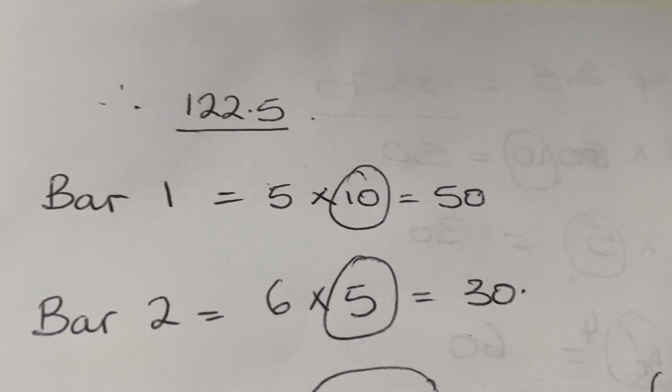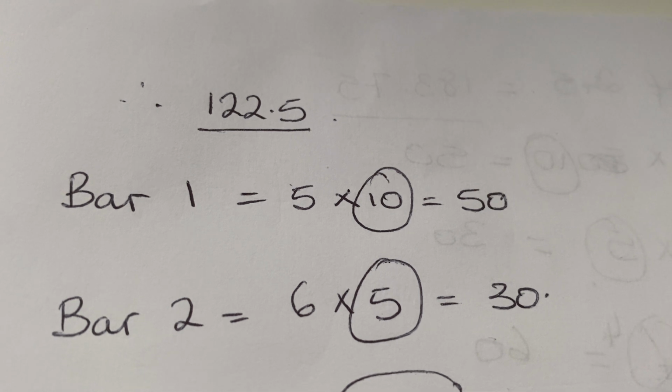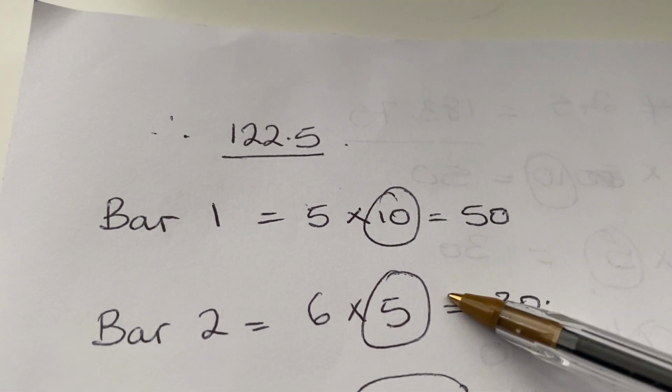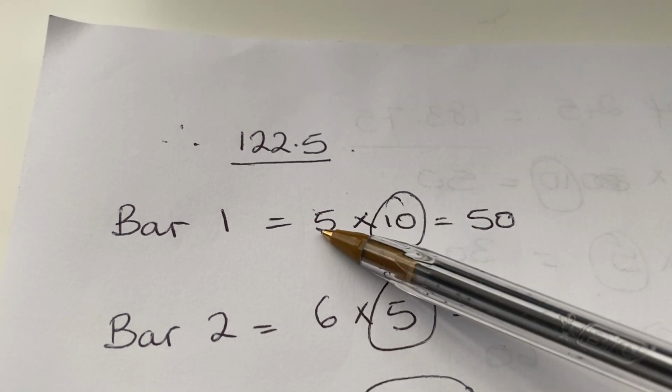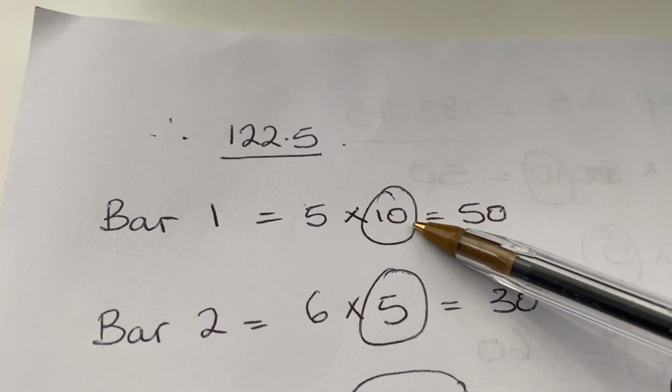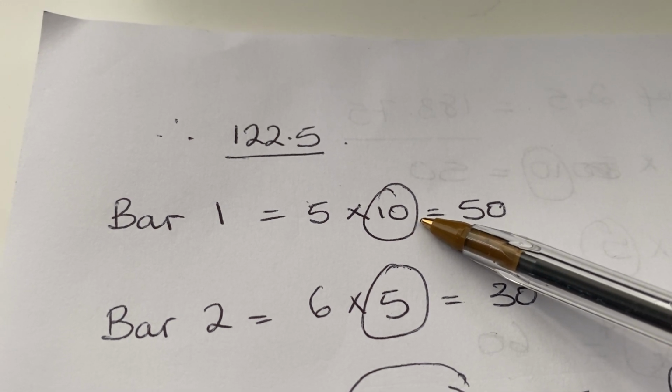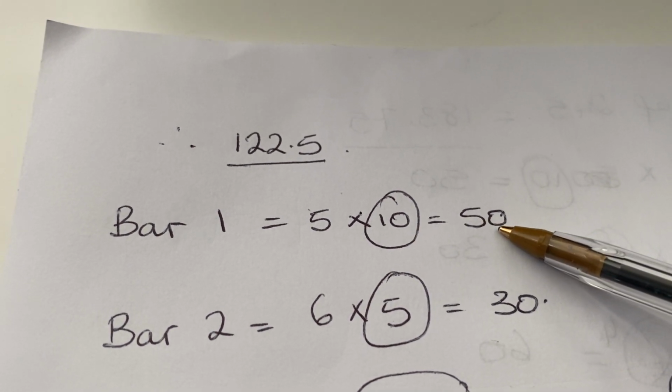The first bar is, from the graph, a frequency density of 5 times class width of 10, which is 50.